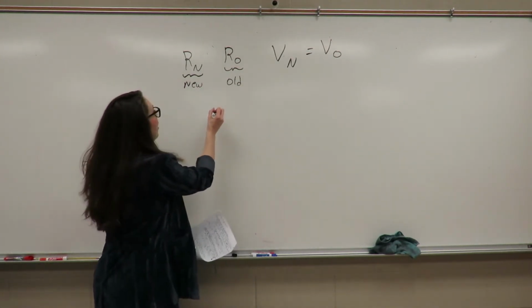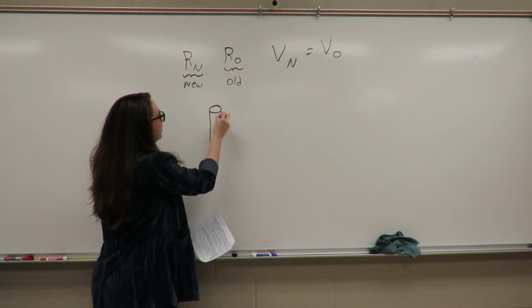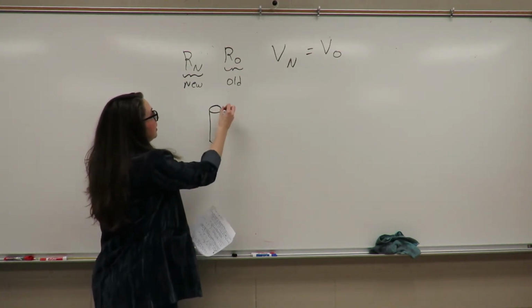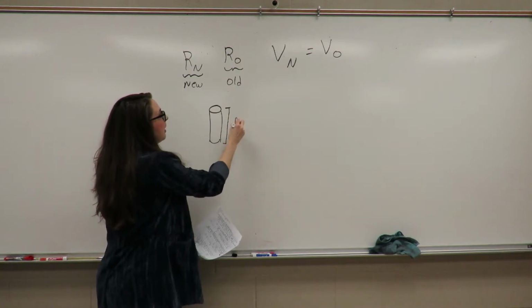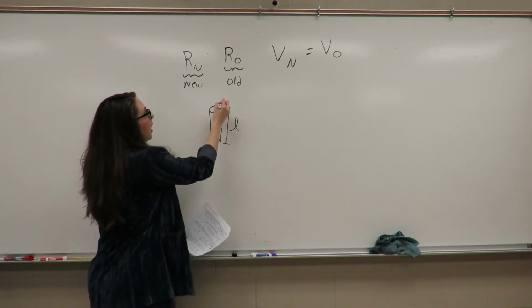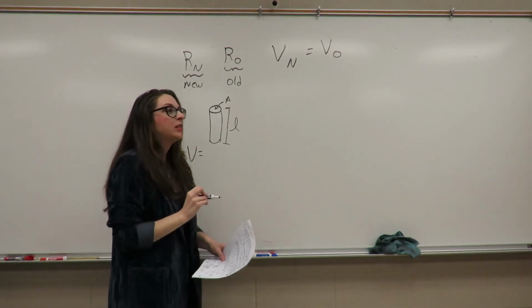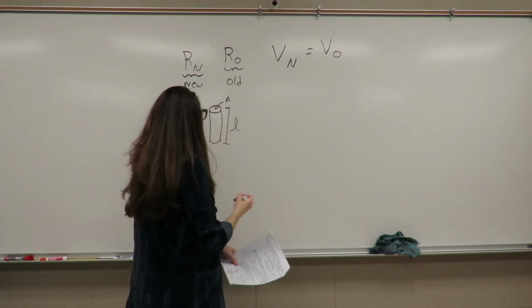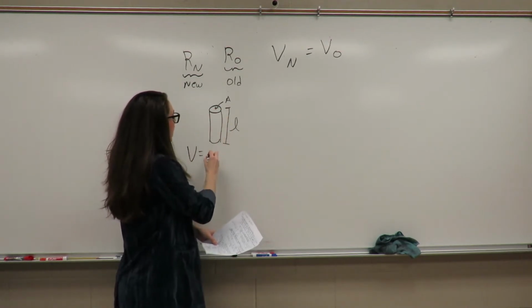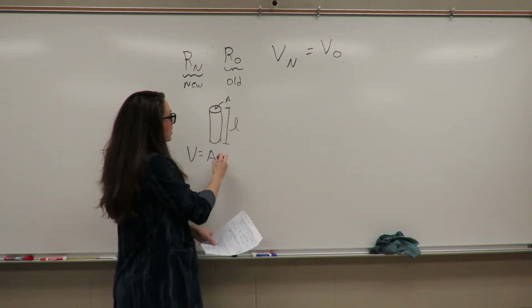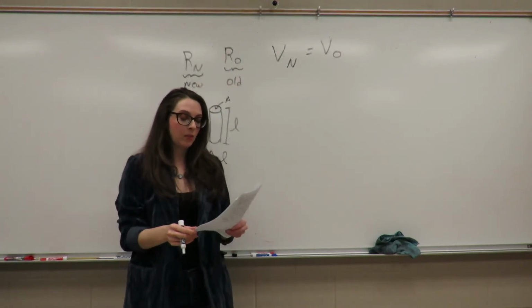If we think about a wire, I'm going to draw it like this, it kind of looks like a cylinder. It has some length L and some cross-sectional area A. So the volume of this cylinder is going to be the cross-sectional area A times the length of the wire.